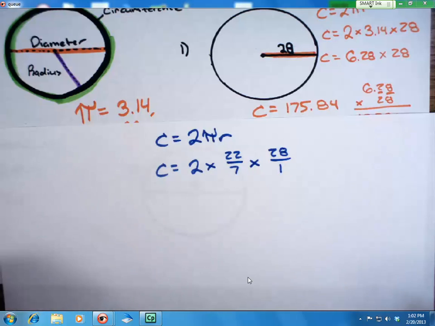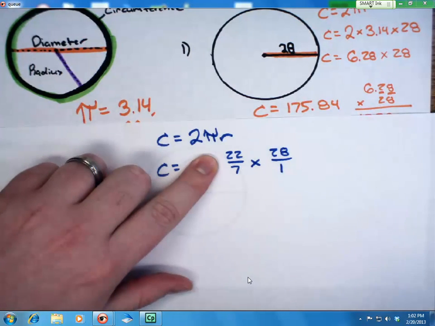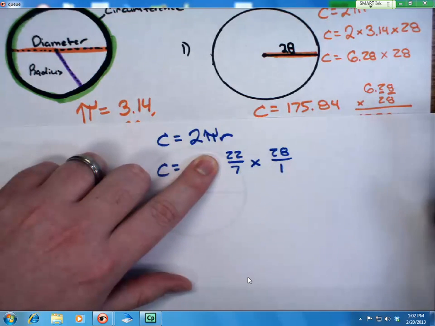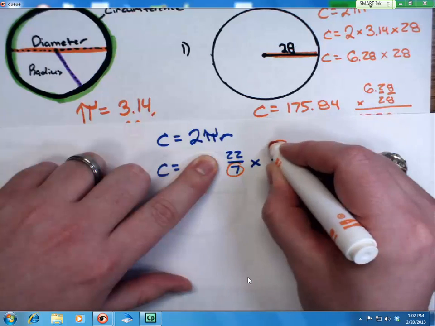Now from there, I'm going to ignore the 2 for just a moment, and I'm just going to look at this 22 over 7 times 28 over 1. What makes this convenient is the fact that I have a 7 right here and a 28 right here.